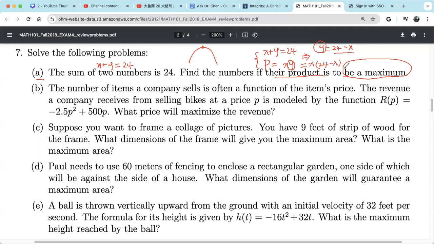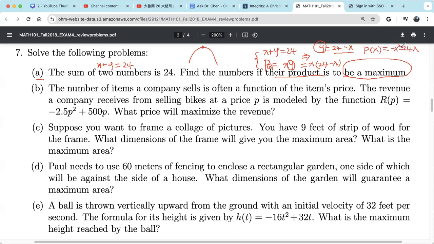Now we have only one variable on the right-hand side, so we can think of this product as a function. We call the function P in terms of x. So we have formed the function P of x: 24 times x, that's 24x, and x times negative x is negative x squared.